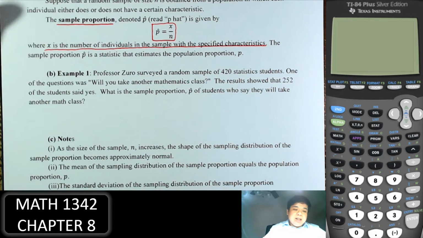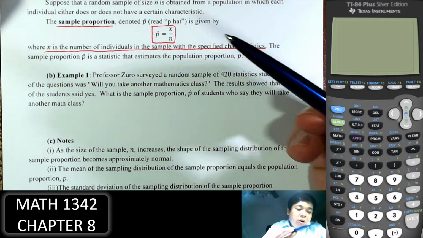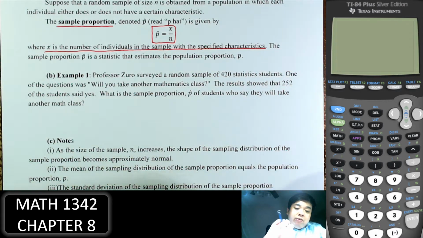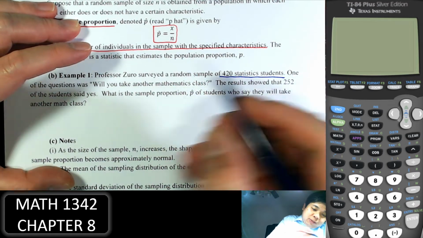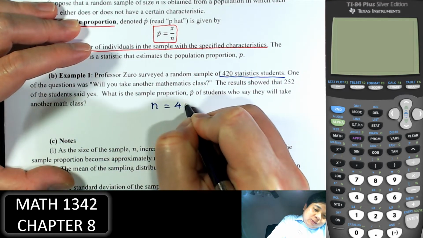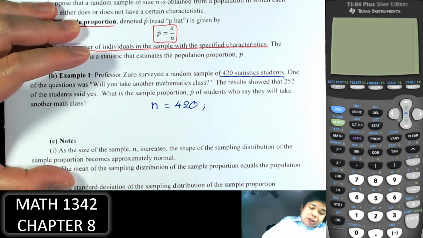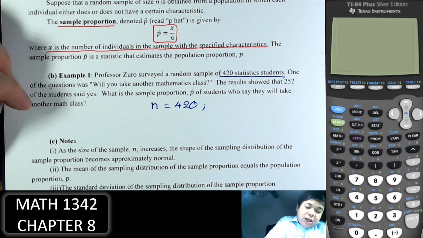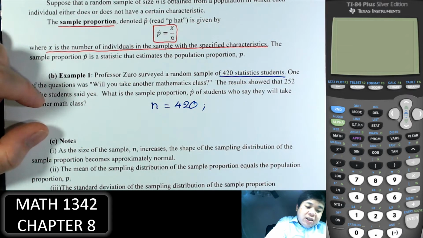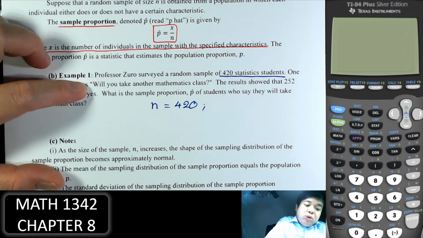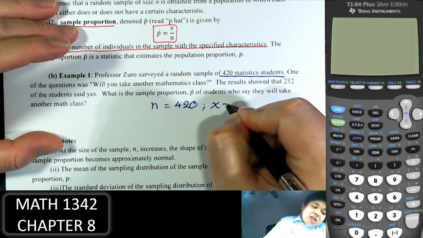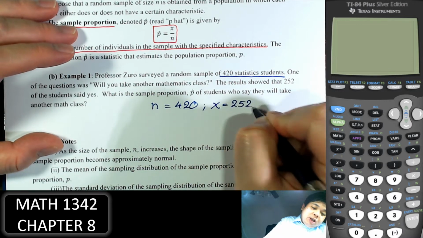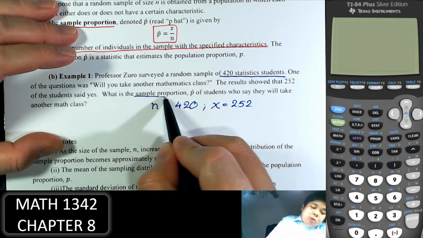Here's an example. Professor Zuro surveyed a random sample of 420 statistics students. The results show that 252 students say yes to the question, will you take another mathematics class? So we say x is equal to 252 and find the sample proportion p hat.